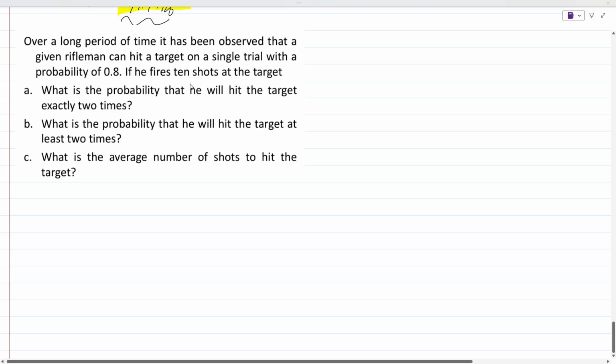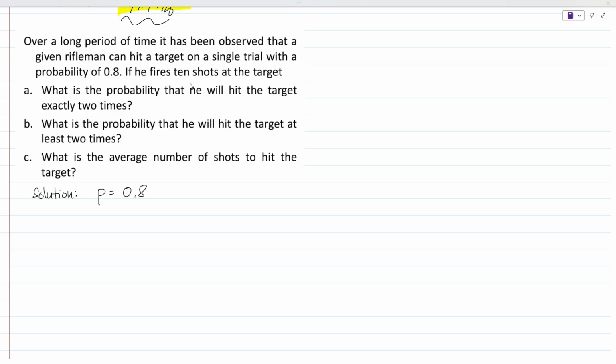So, solution. Probability of success is equal to 0.8, and the number of trials N is equal to 10. Kung gusto nyo isulat yung formula ulit, you can see here B(x; N).